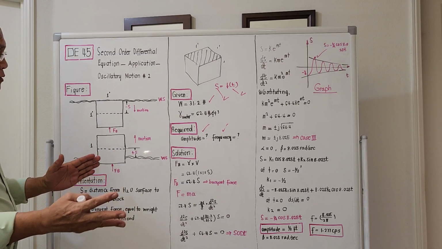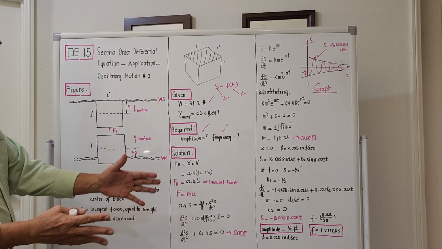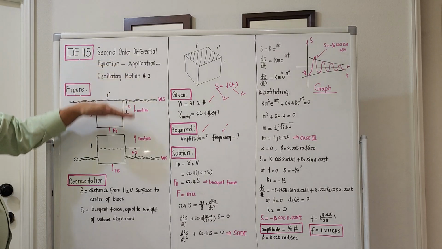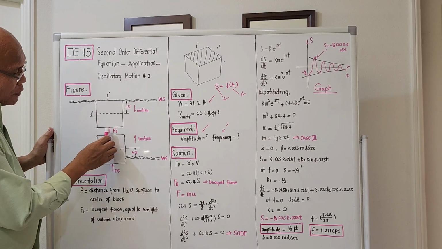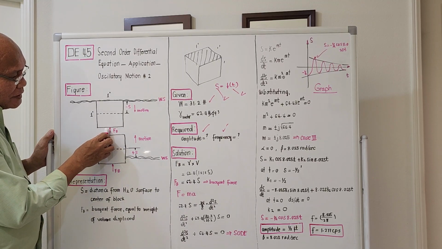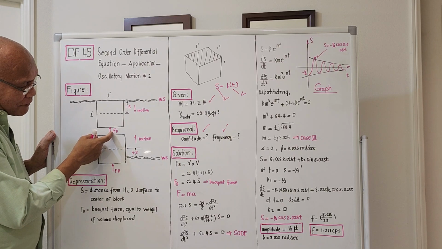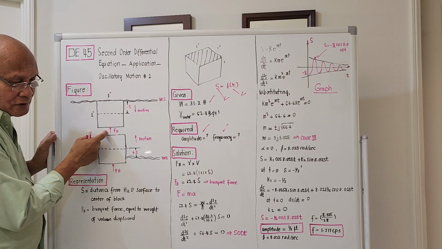Let's try to bring out something like a free body diagram. If we try to submerge the block of wood, whether we like it or not, there will be a force at the bottom, and that force is referred to as F, capital letter F, with the subscript B, meaning it is the buoyant force.